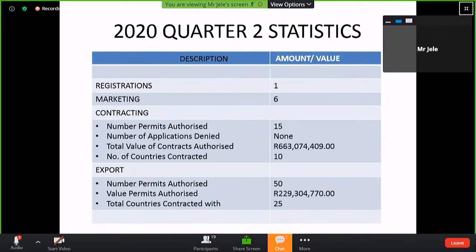So it is true that you would find a variance between your contracting permit authorization per year as compared to your imports and exports, because imports and exports are the real exports and imports, but contracting is the extent of the contracting value. I don't know if I've made myself clear.